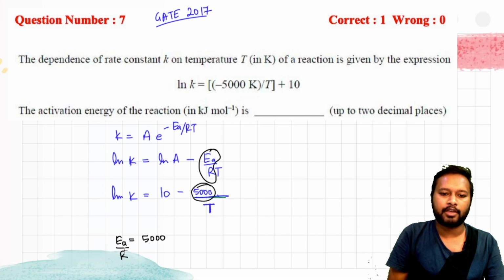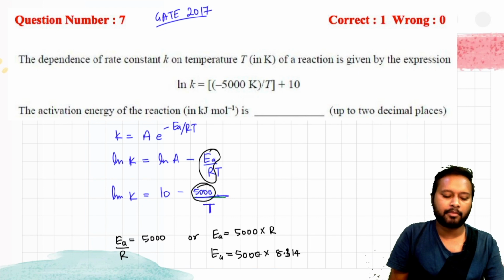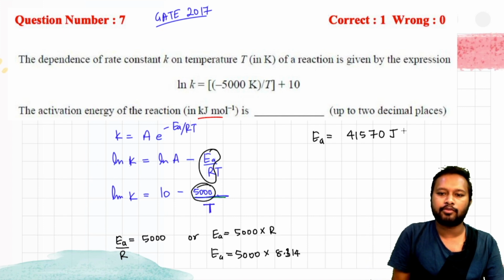So you got EA upon R is equals to 5000, or you can say that EA is equals to 5000 into R. Substitute the value of R, so 5000 into 8.314, multiply this value and you will get your value of activation energy. So your activation energy will come out 41570 joule per mole.